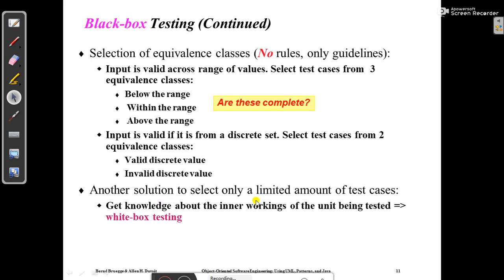Another solution to select only a limited amount of test cases is to get knowledge about the inner workings of the unit being tested, in the case of white box testing. If we go through white box testing also, we can correlate it with this black box testing concept, and it will be more clear.